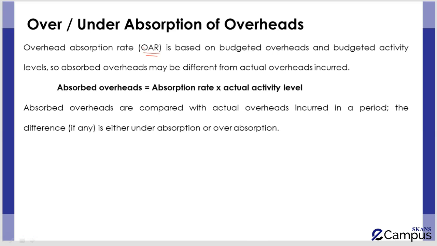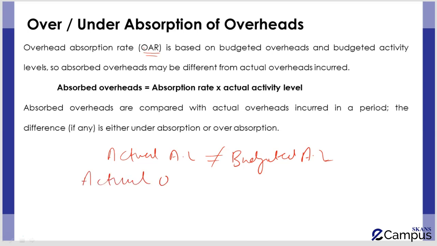So, if actual activity level and budgeted activity level are not the same, and actual overheads are not equal to budgeted overheads, there is a chance of under or over absorption of overheads.